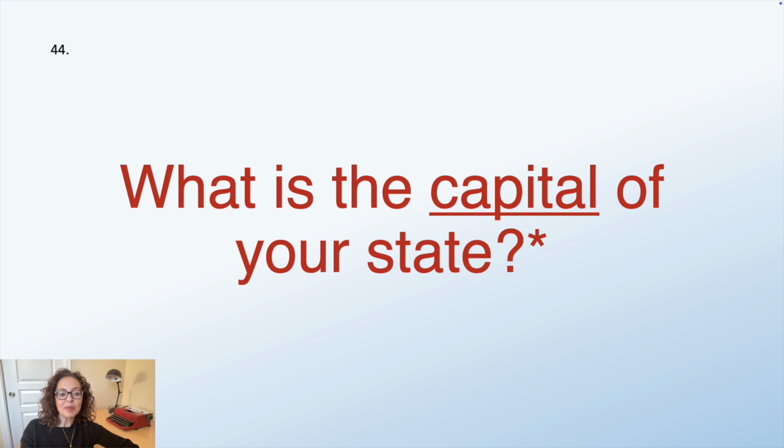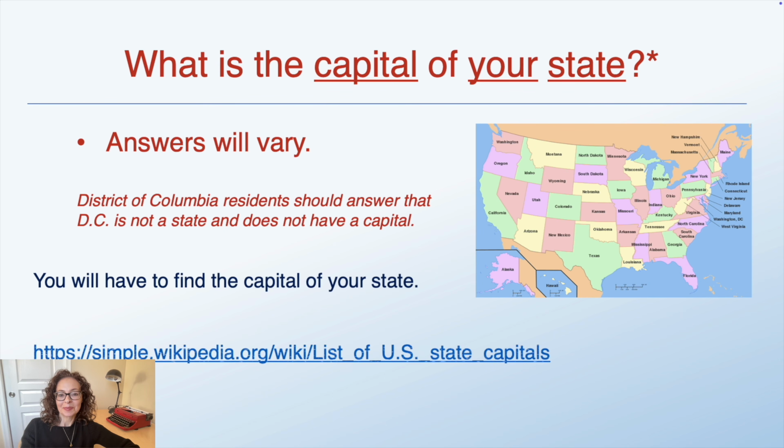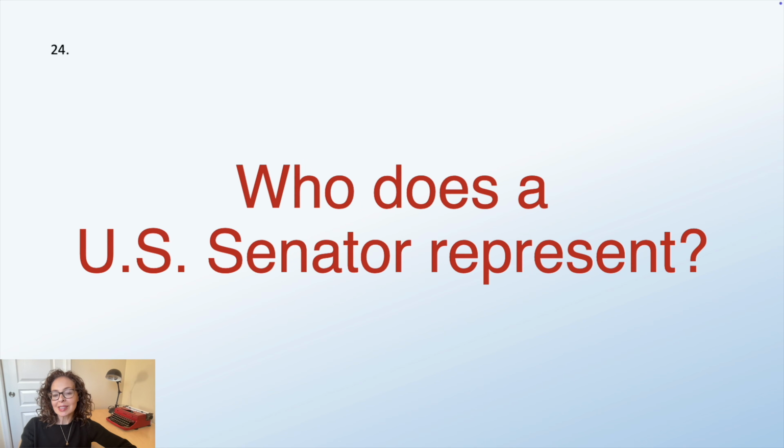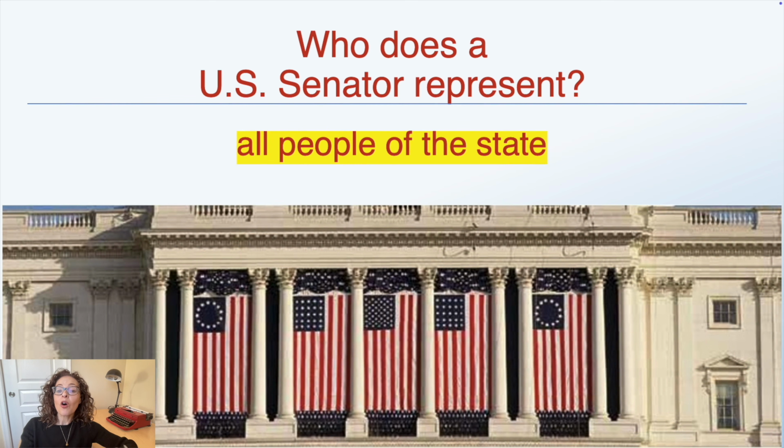What is the capital of your state? Again, answers will vary depending on which state you live in. Who does a U.S. senator represent? The senator represents all people of the state.